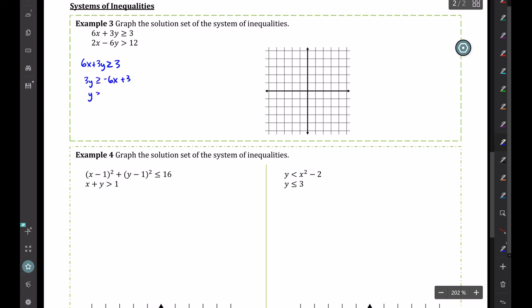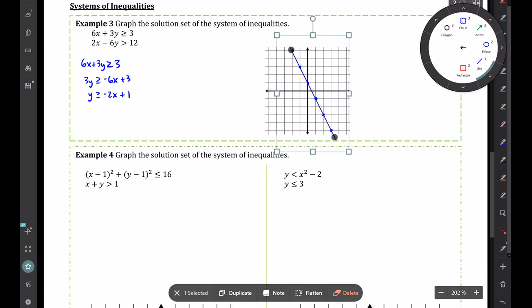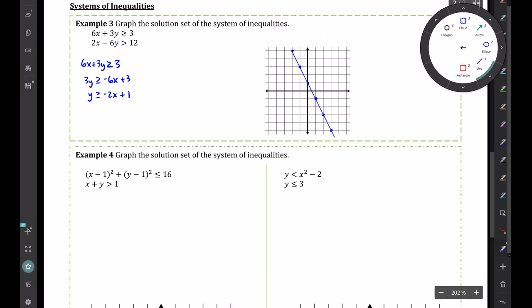And then that's y is greater than or equal to negative 2x plus 1. So there. Oh, this is the one that I shaded earlier actually. It's a line of slope negative 2 that goes through (0, 1). So I insert line. There we go. And we want to shade to the right of that line.